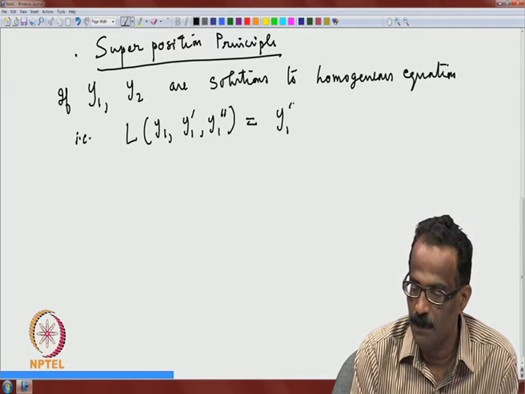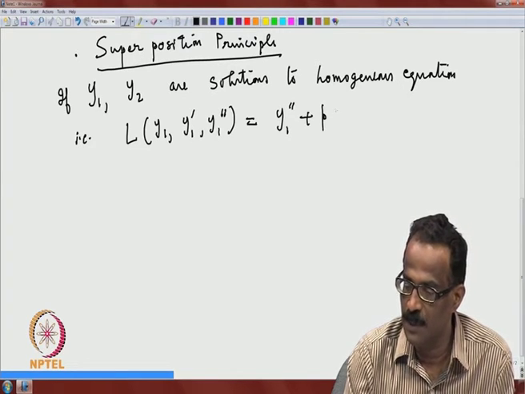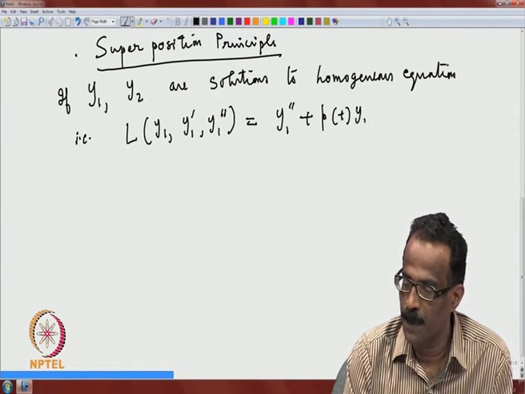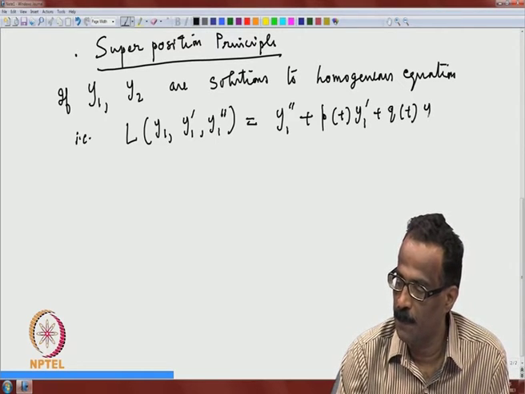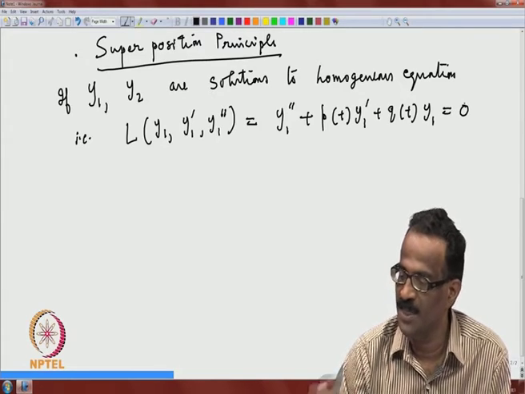We have y1 double prime plus p of t into y1 prime plus q of t y1 equal to 0. That is a homogeneous equation.